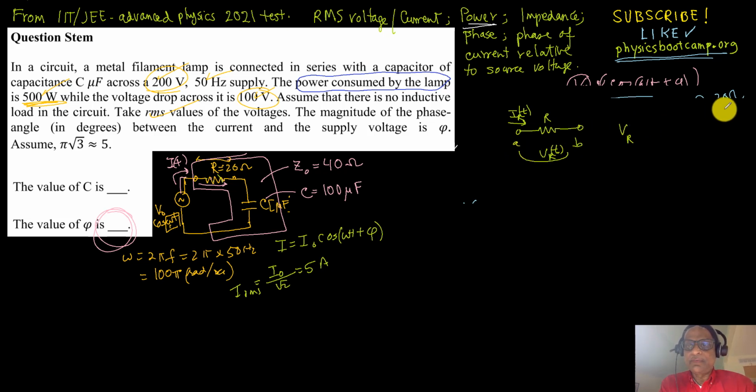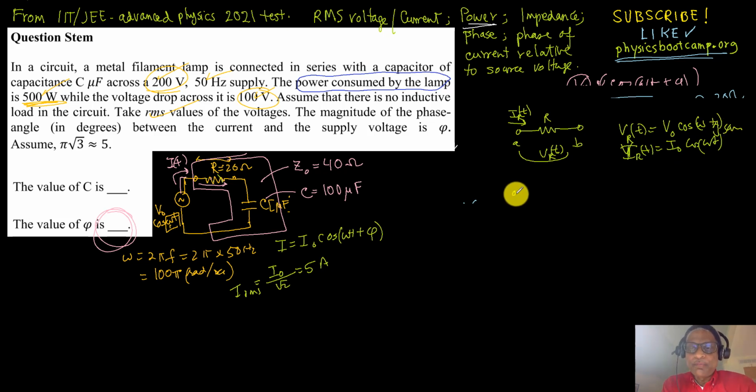So if VR of t is equal to some V0 cosine omega t, then IR of t is some I0 cosine omega t, same phase.